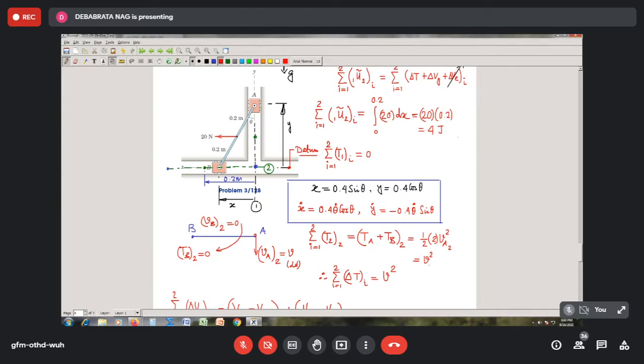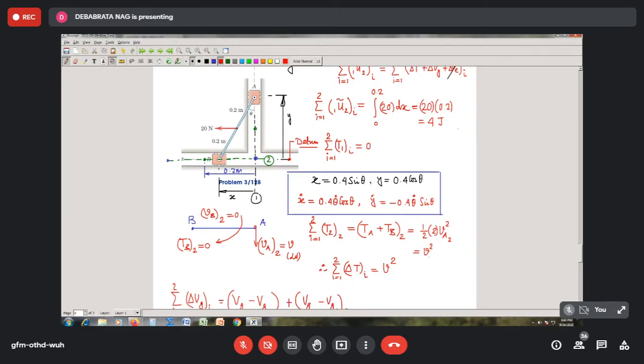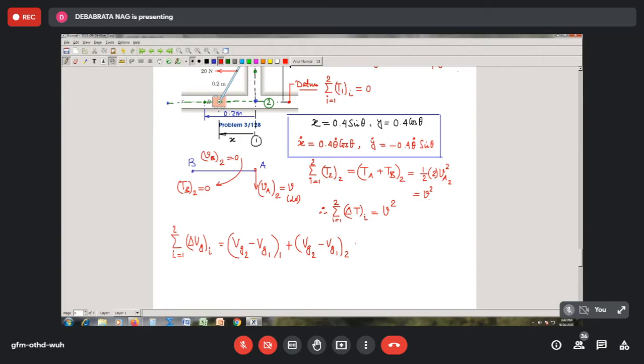So at position 2, according to our choice, both the sliders have their potential energies equal to 0. Remembering that, I can see that Vg2 is 0 for both the particles.